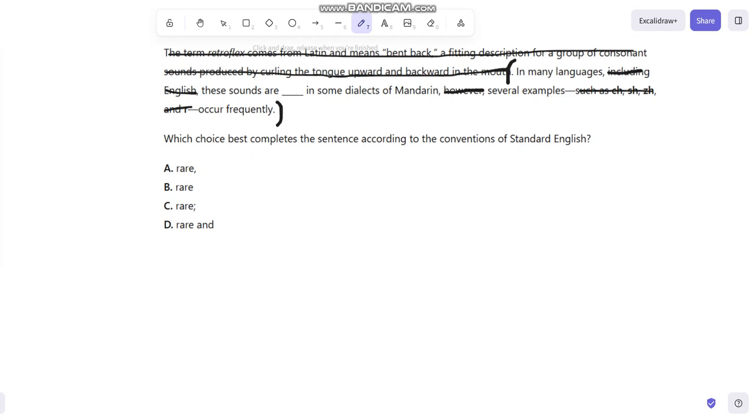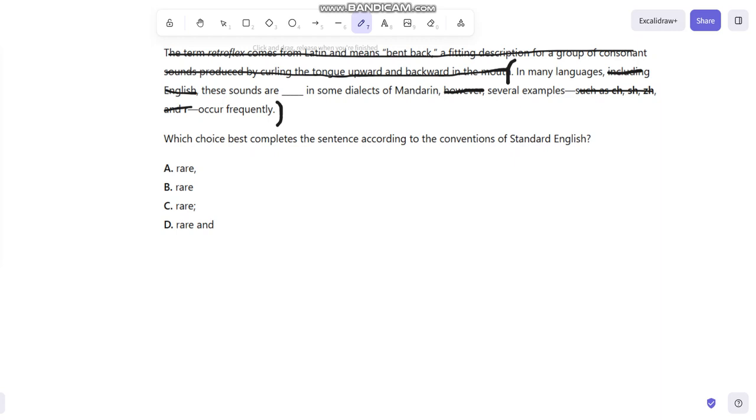So now our work is even much easier. In many languages, these sounds are rare. In some dialects of Mandarin, several examples occur frequently. See how we have shrunk a large piece of sentence into a very small one. Now, as you read, you notice that there must be two sentences.